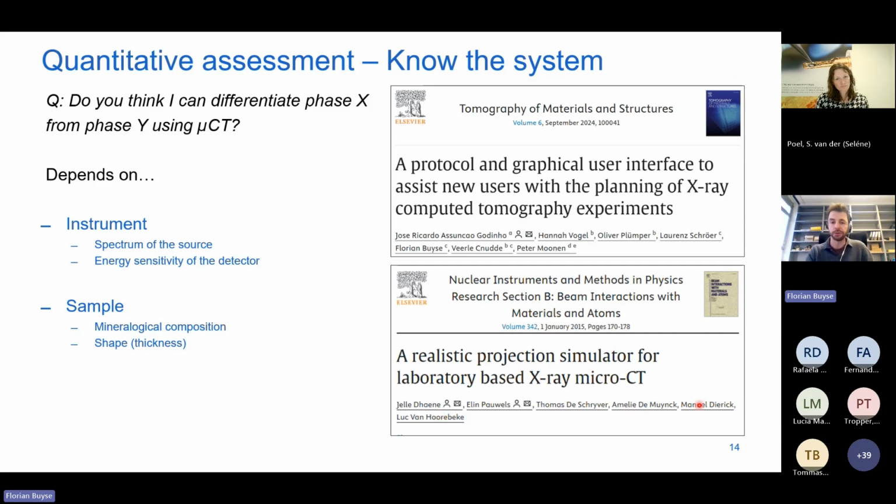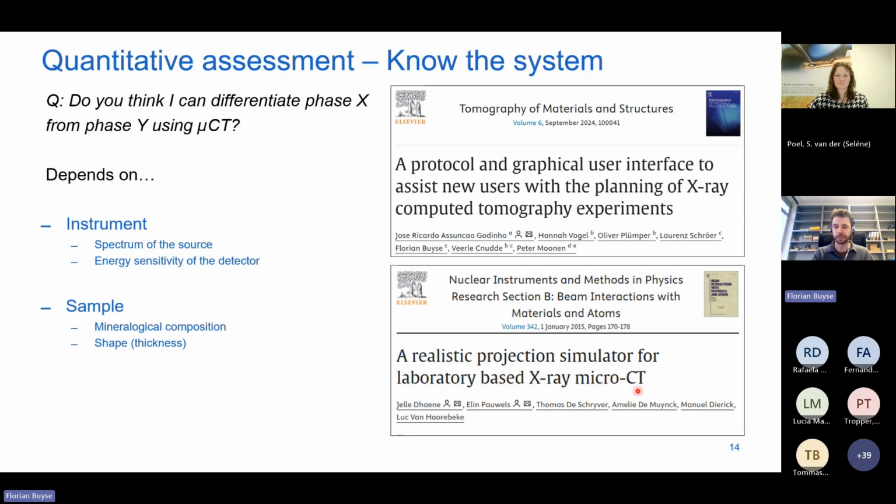Two papers I want to refer to that take this into account: one that was recently published about a useful user interface for new users to plan your X-ray computed tomography experiments. This includes your sample properties and your scanning properties.